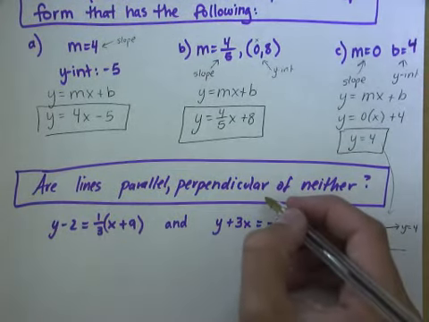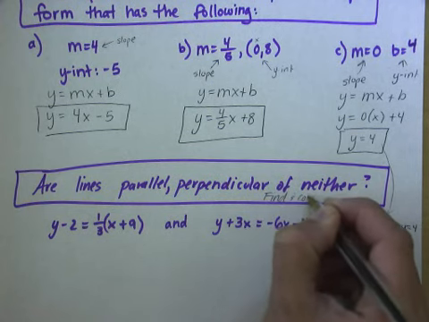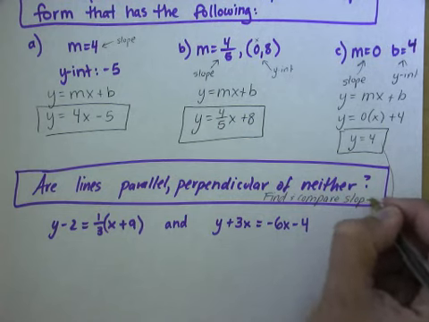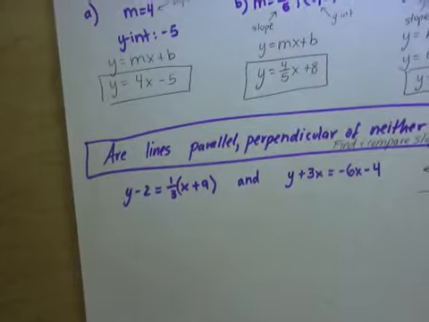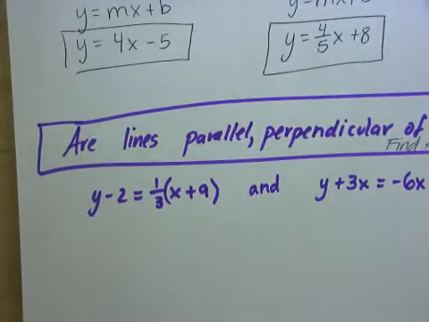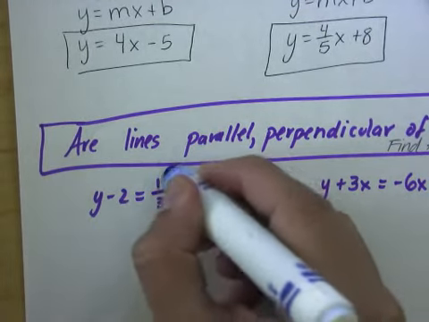So what we know here is that we need to find and compare the slopes. The slope is the giveaway to whether lines are parallel or perpendicular. So in this case, to find the slope, we have to get it in y equals mx plus b. So I have to get y by itself. So the first thing that I see here is that I could distribute my 1/3.